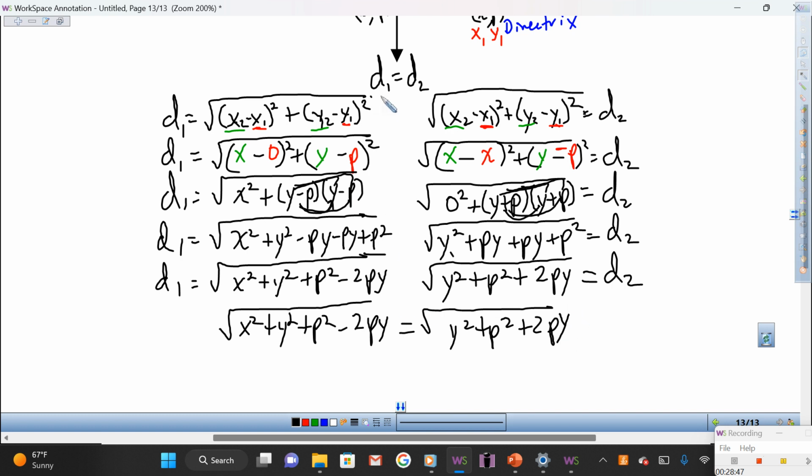Didn't we say that distance 1 is the same as distance 2? Yes? So that means that if this is distance 1, that should be equal to this. Is that correct? Yes. So copy that really quick. We're going to finish this together.